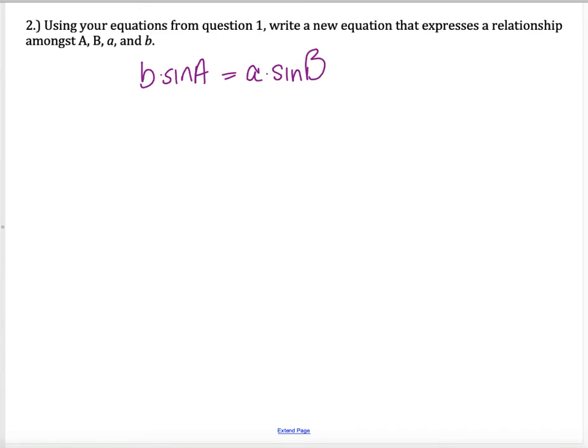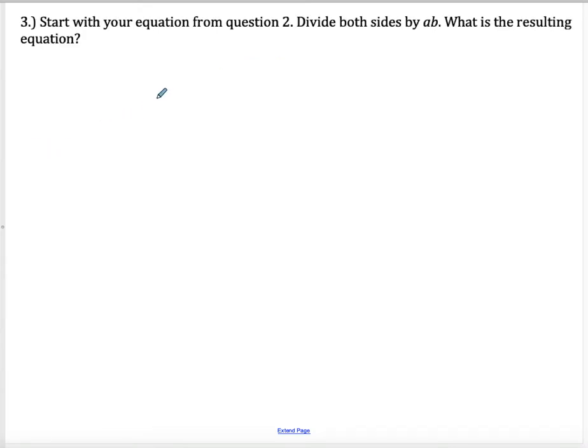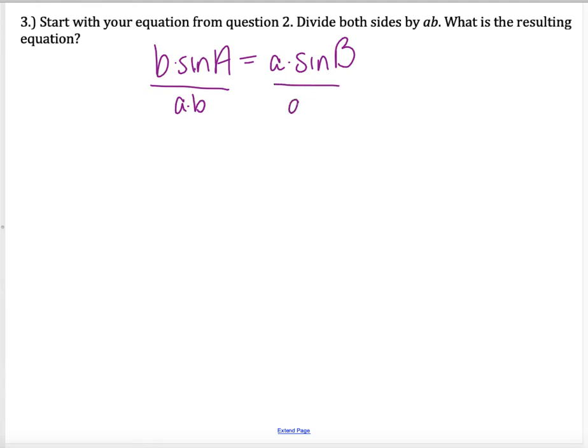Number 3: start with your equation from number 2 and divide both sides by A and B. What happens? Let's write this again. B times the sine of A equals A times the sine of angle B, and I said to divide both sides by A and B. If we're solving an equation, we can divide by anything we want as long as we divide both sides of the equation.